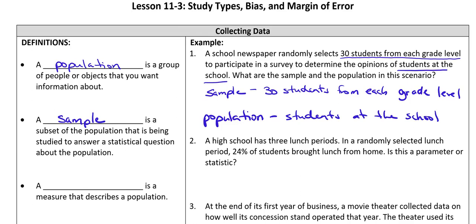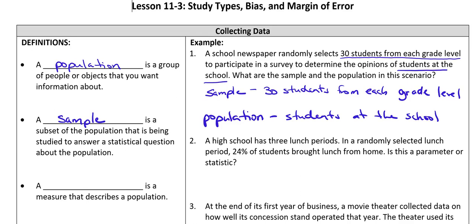Okay, now why do we need to know the difference between a population and a sample? Sometimes it's easy to get information about an entire population. For example, I could go to the records and I could look at every single student's GPA at Science Hill. I could pull that data and I could run a statistic, I could find the average. Okay, and I could do that of the entire population.